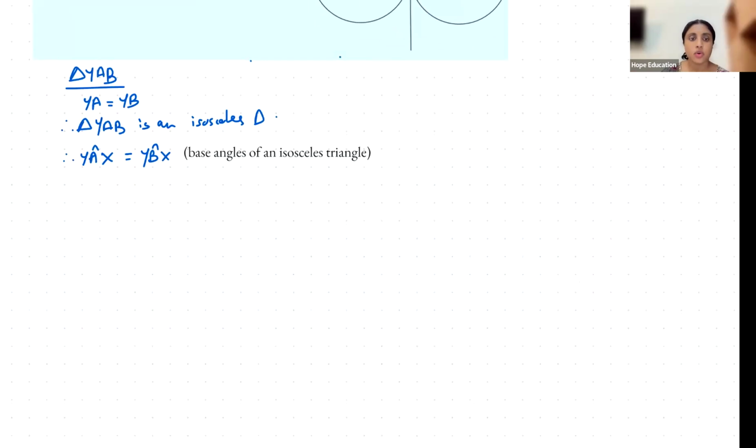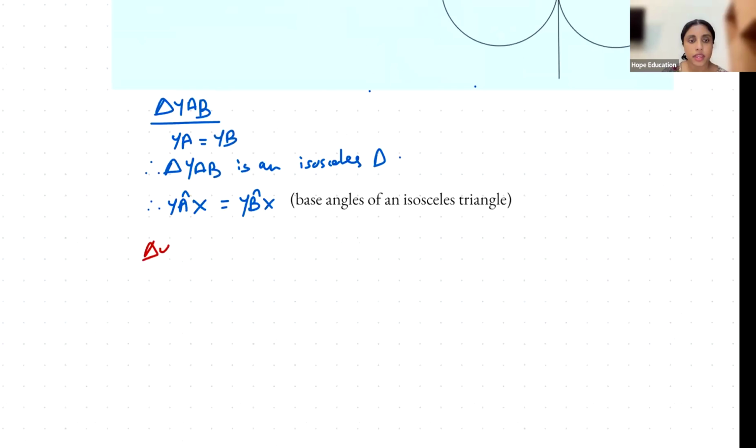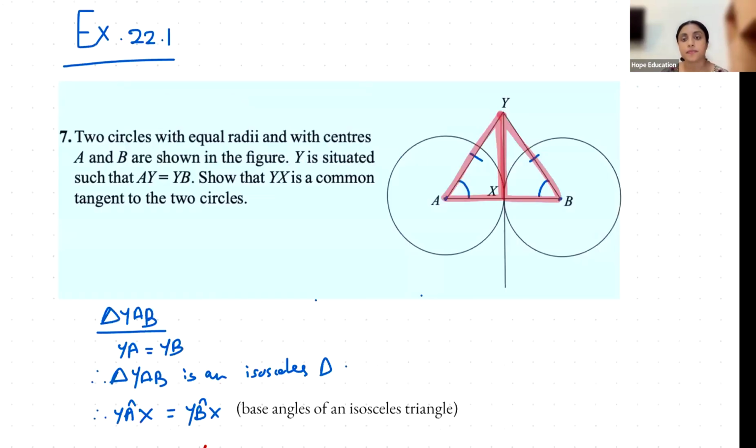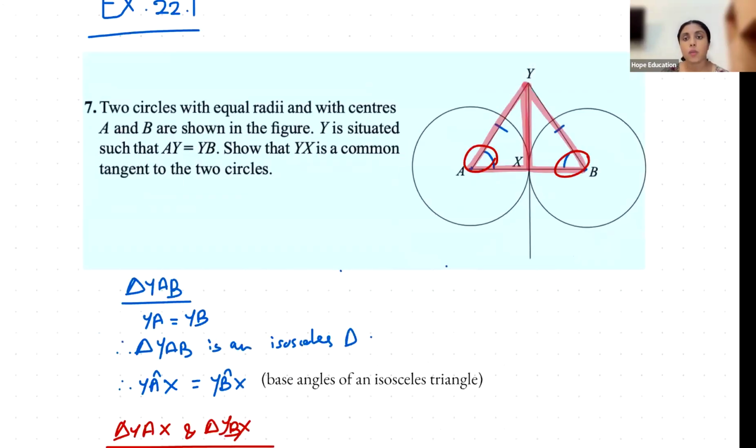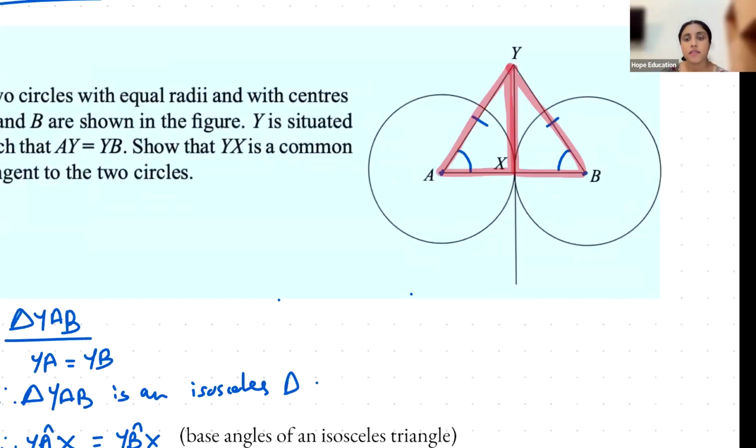So triangle YAX and triangle YBX. Now we know here this angle and this angle are equal.